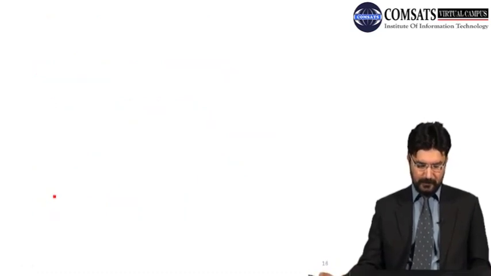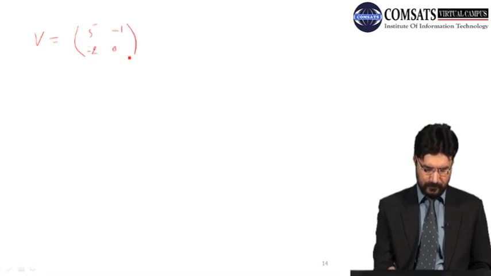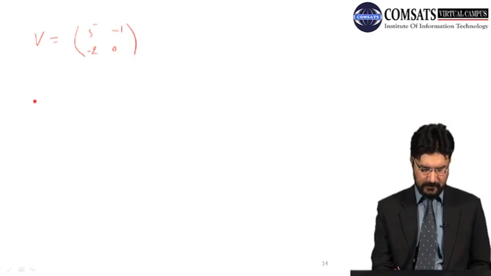Now to see what the result will be in the case of inverse transformation. You remember that the transformation coefficient matrix V was actually 5, minus 1, minus 2 and 0. So this was the coefficient vector that we got.